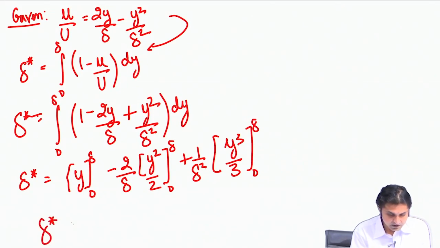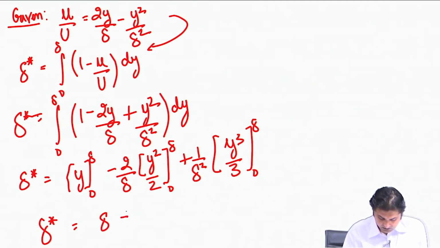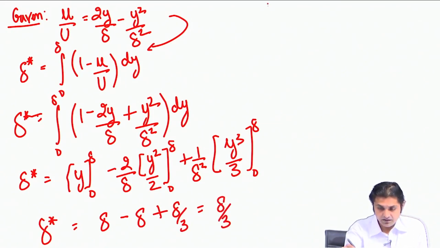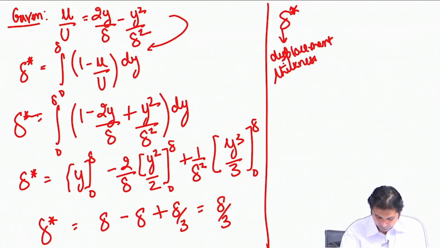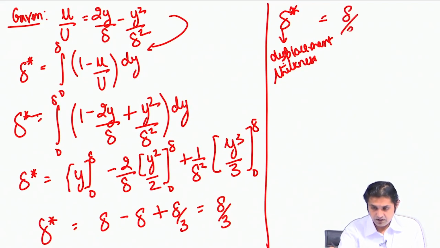So, displacement thickness is going to be delta minus delta plus delta by 3, and this gives us delta by 3. So, the displacement thickness is coming out to be delta by 3.